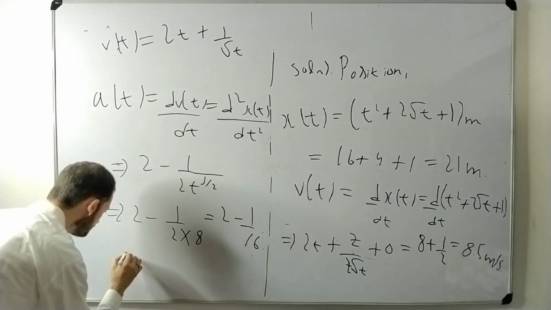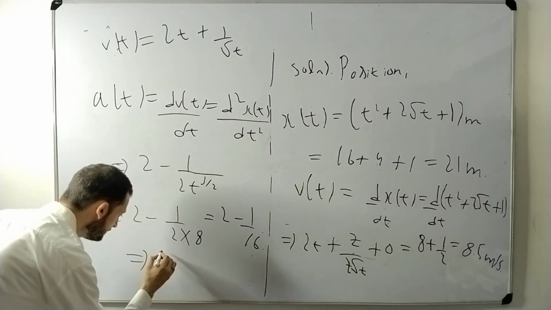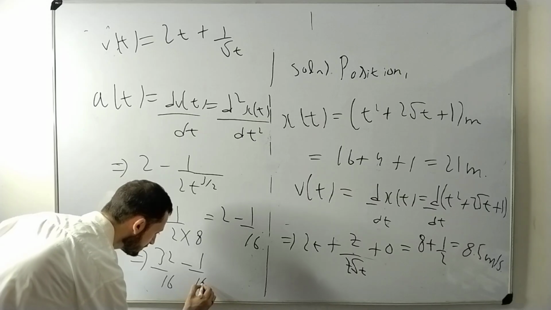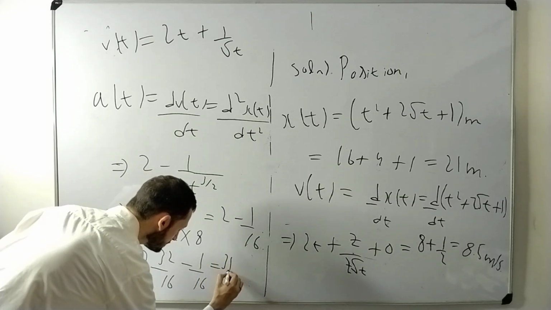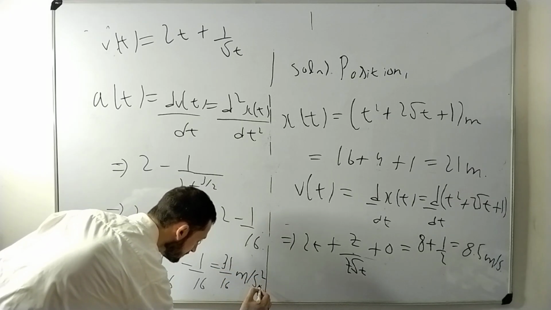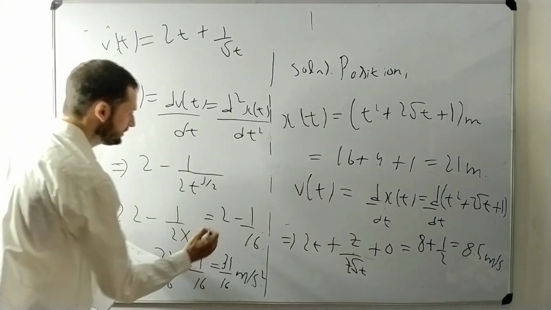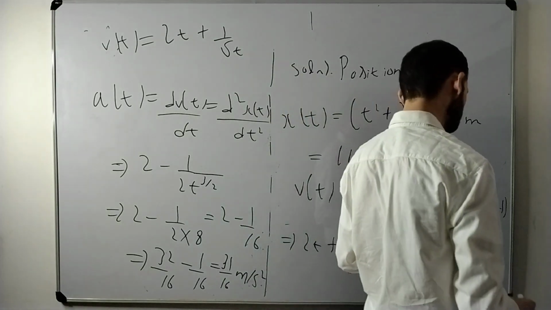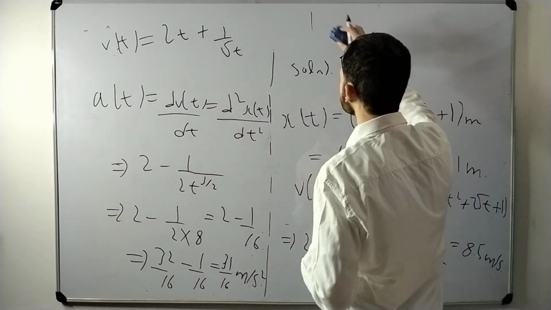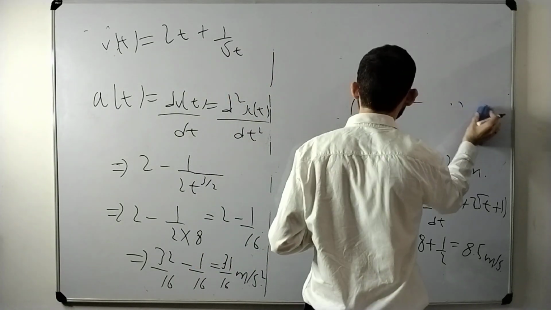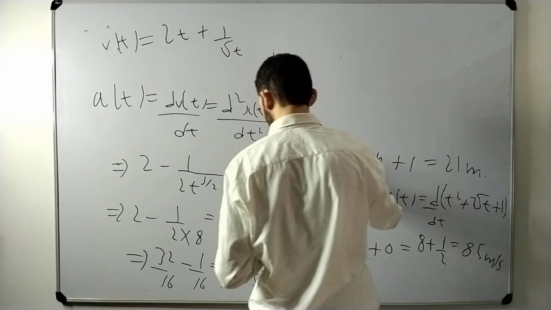Then this gives 32 by 16 minus 1 by 16. This gives 31 upon 16 meter per second square. Right, students? I have multiplied 16 here and 16 here. So this was acceleration for us.